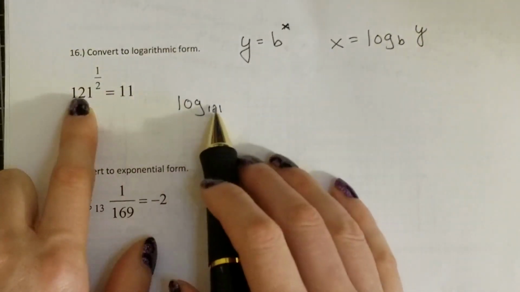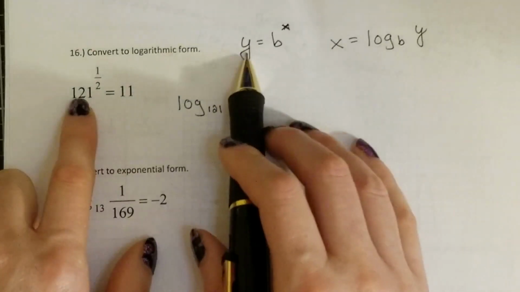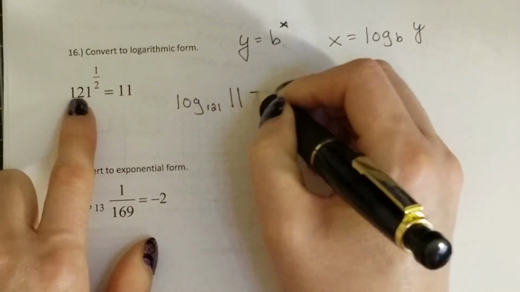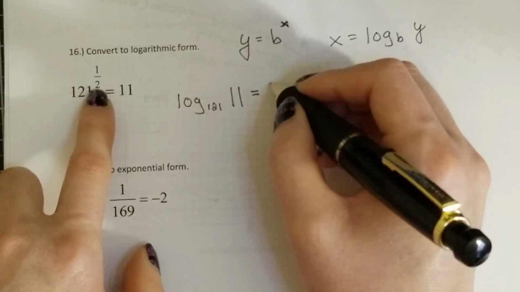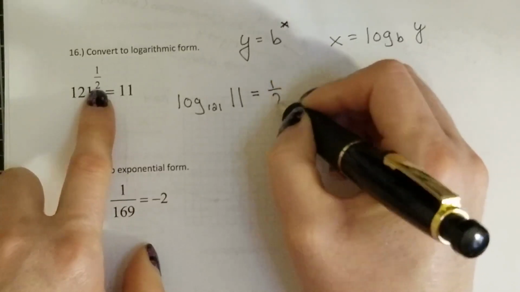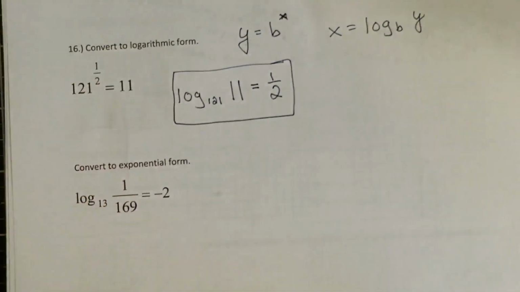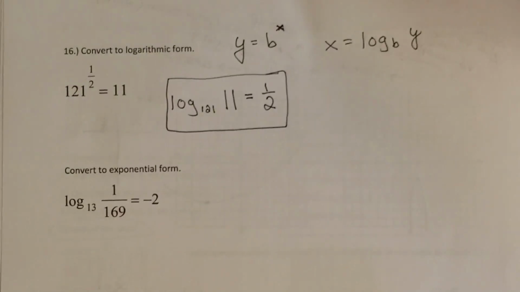So that's usually subscript and smaller. The part that is your equal sign will be your bigger font right there, 11 equals, and then the exponent is what it equals, 1/2, and that's your answer. So this is literally just memorizing the formula and plugging them into the formula. You need to be able to go from both forms of them.